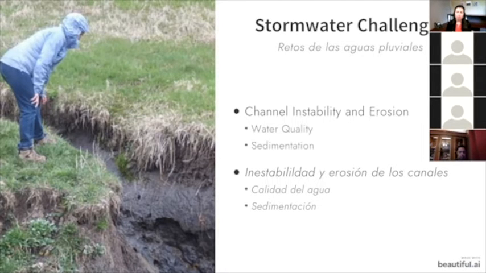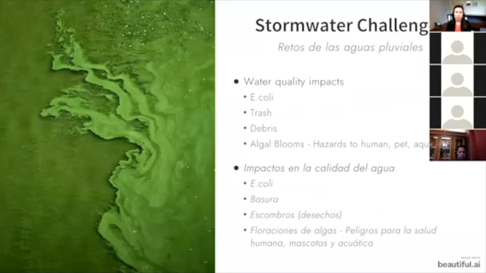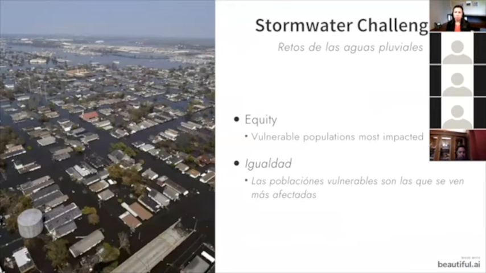And then it cuts through that soil profile where all of those contaminants are being locked, and it releases them back into our waterways. So this is causing increased sedimentation and water pollution, impacting our water quality. And what happens when we have that fertilizer and debris and trash going into our waterways? We get algal blooms, which can cause hazards to human, pet, and aquatic health.